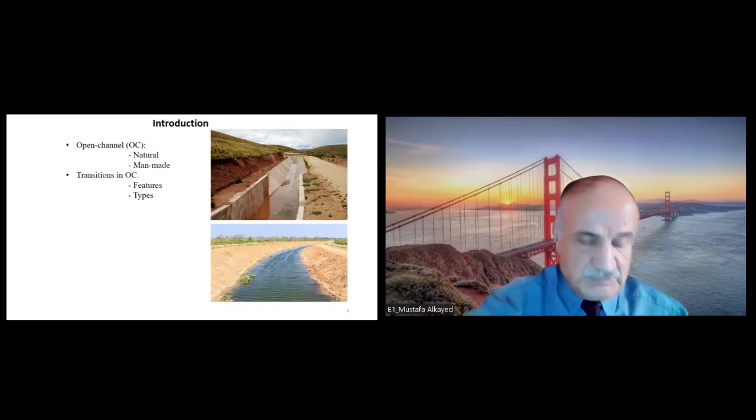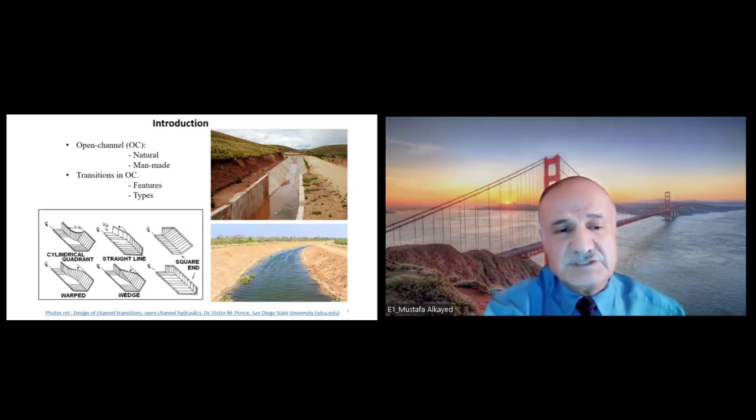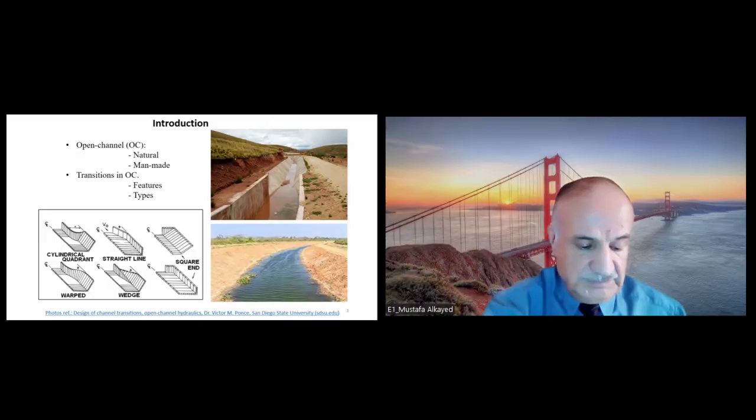There are different types of transition. The cylindrical transition is mainly used for small sections and it's easy to construct, but the losses are higher and the efficiency is less than the other types.